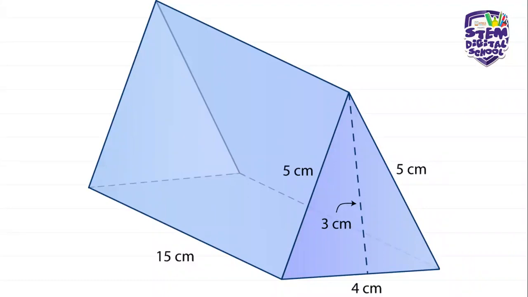So just to recap, this prism in our midst consists of the length, the breadth, as well as the height. The length of the prism, as you can see, is 15 centimeters. The breadth is 4 centimeters. And what about the height? The height in this case is 3 centimeters. You can see the height of the prism.